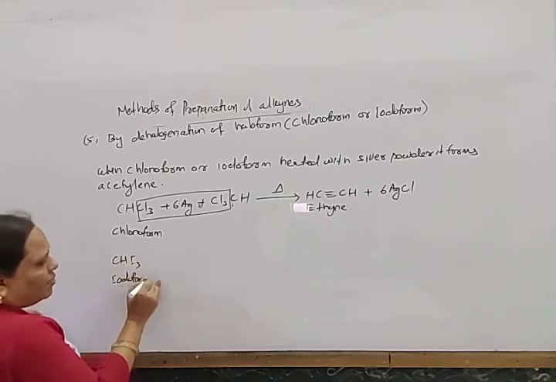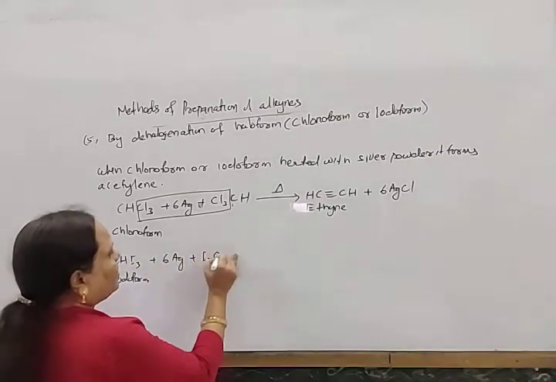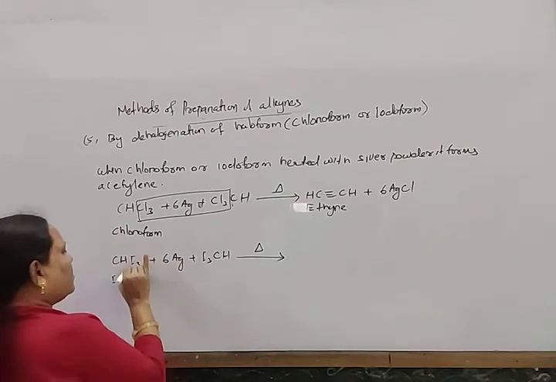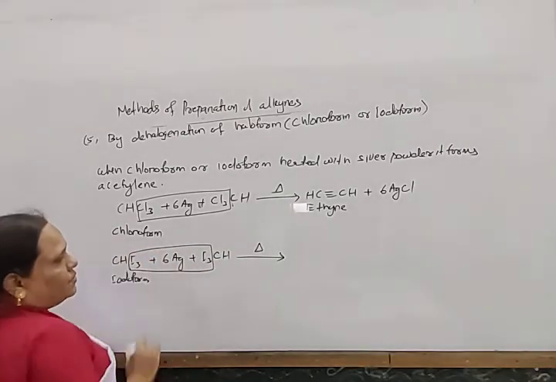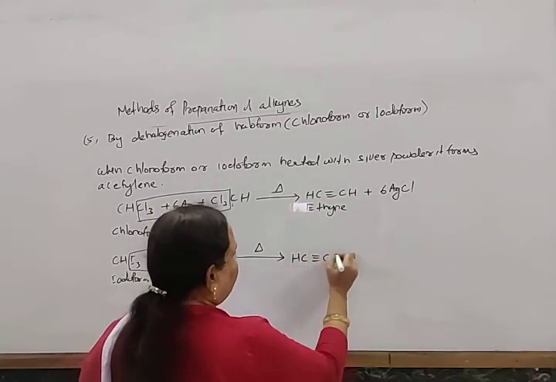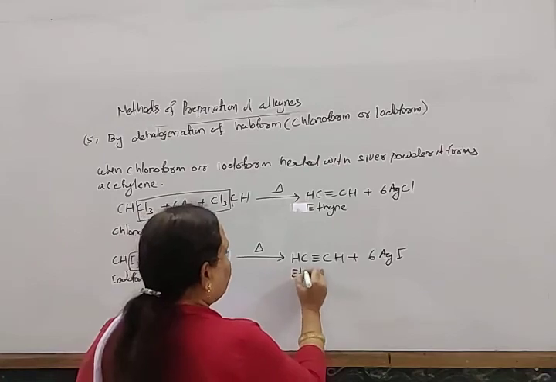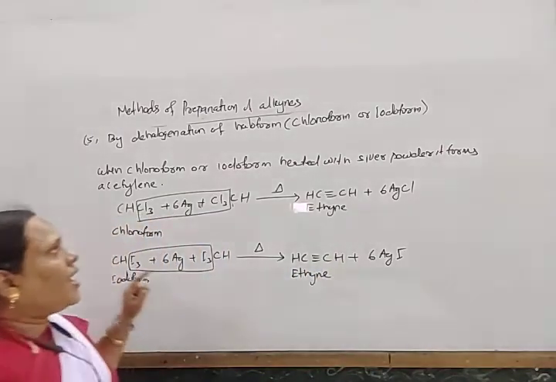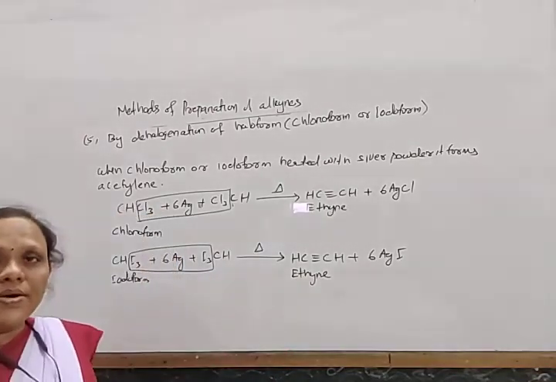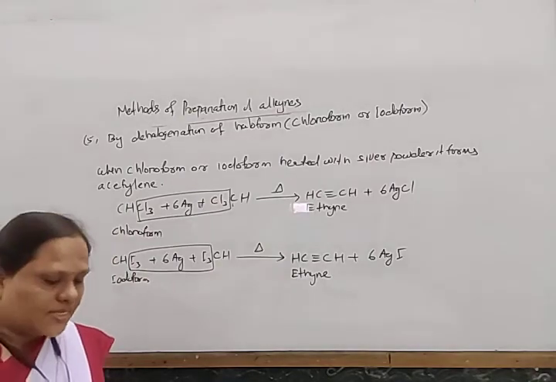When heated with silver powder, I3CH gives rise to a yellow precipitate of silver iodide, HC triple bond CH plus 6AgI, that is ethyne. So the halogens are removed; this is called the dehalogenation process.